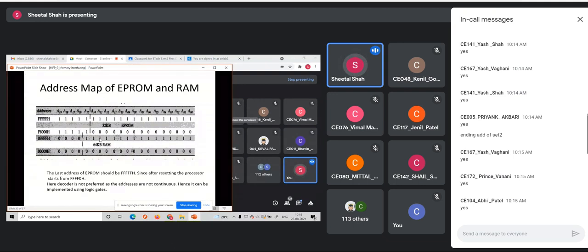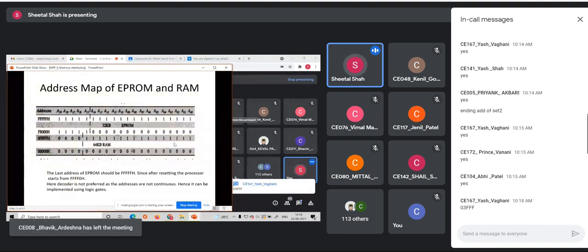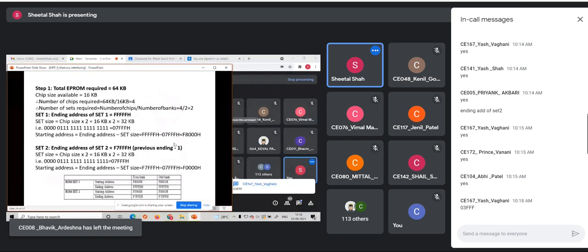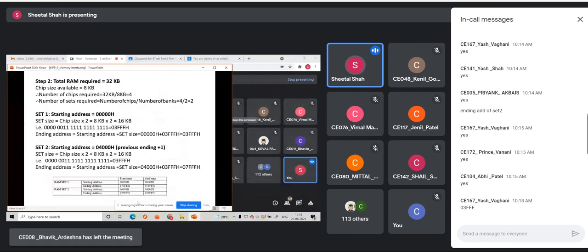So what would be the ending address here? This would be 0. Here 2 bits should also be 0 because it is addressed up to A13 itself. So it would be 0, 3, because 0011 corresponds to 3, FFF. Okay. So 0 would be my starting address. It is showing 7F. How is it?